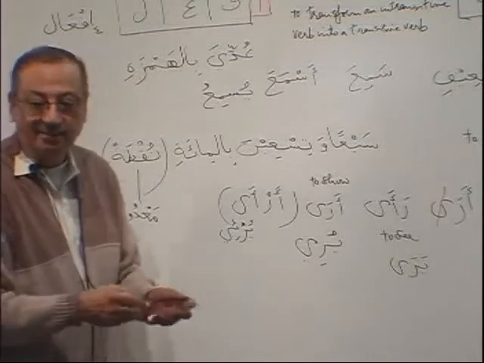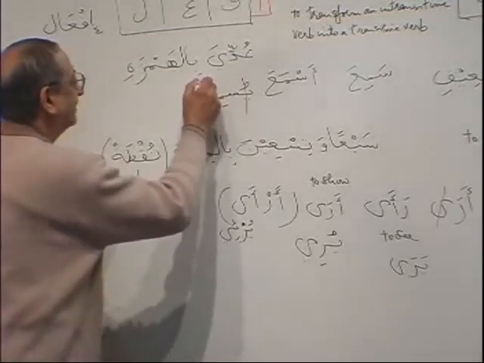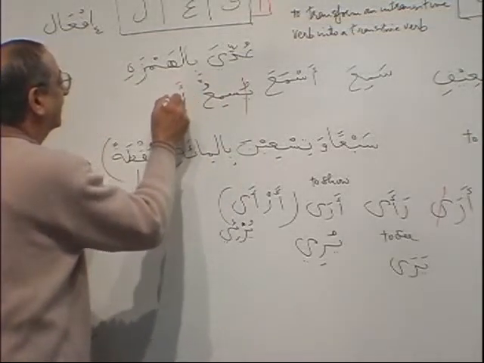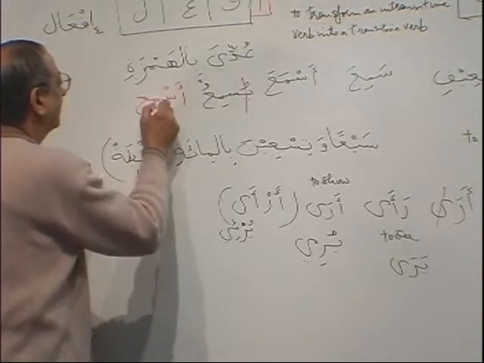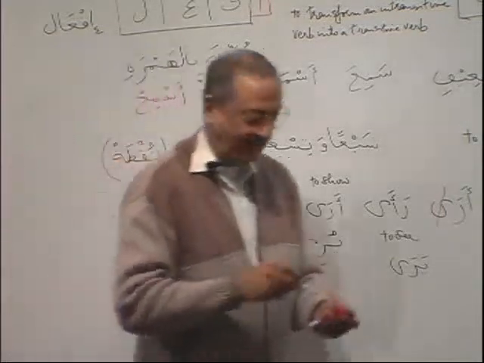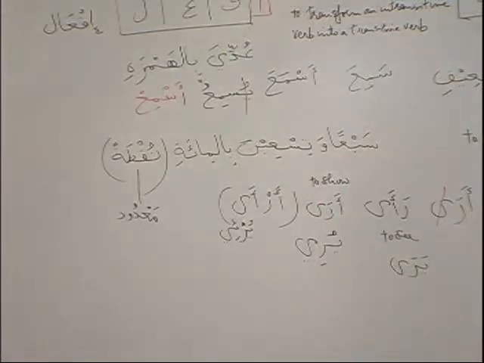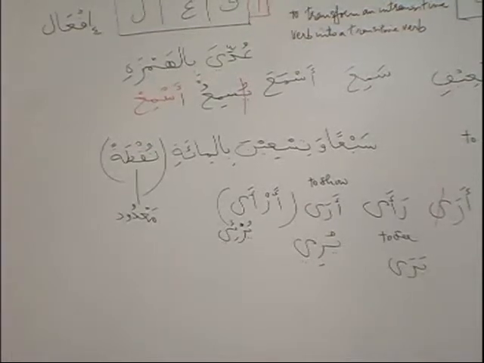What will be the amr? Asmi'. Asmi'ni. Make me hear. What? You make me hear. What? That is mafulun bihi number 2. Did you get it, brother? Asmi'ani. You make me hear.